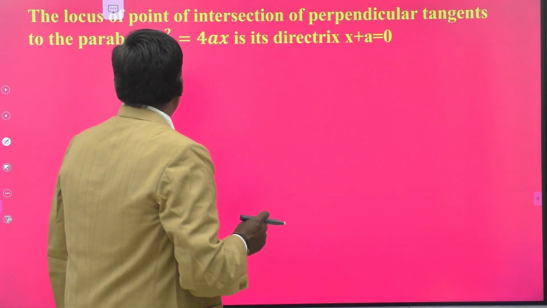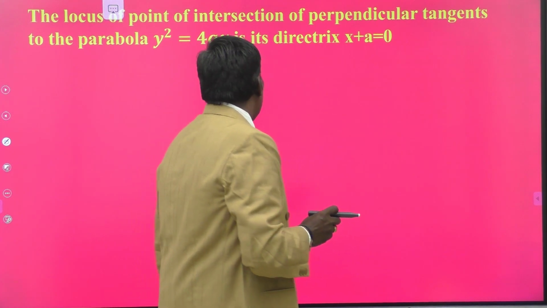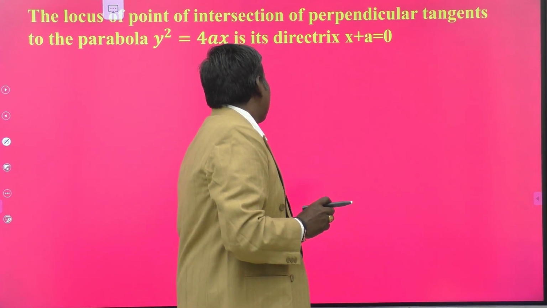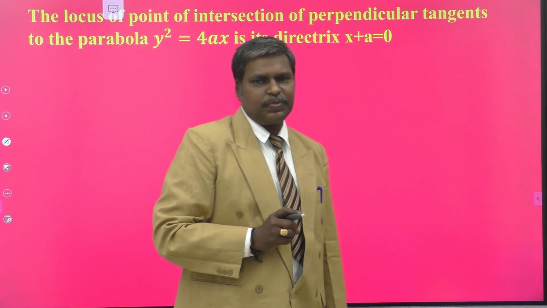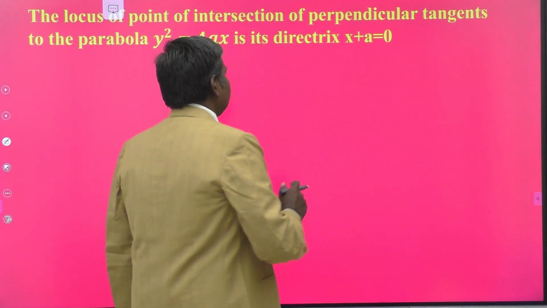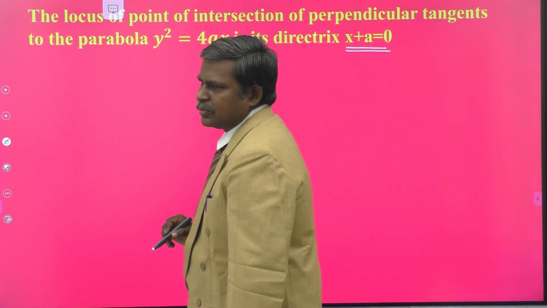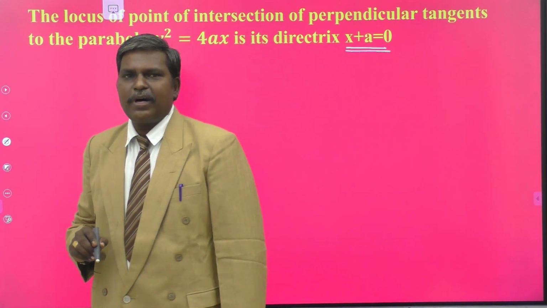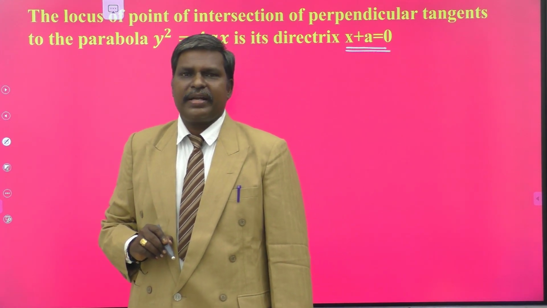Now, see the next one. The locus of the point of intersection of perpendicular tangents to the parabola y square equal to 4ax is its directrix, that is, x plus a is equal to 0. Very, very important statement to you. Locus of what? Point of intersection of perpendicular tangents.